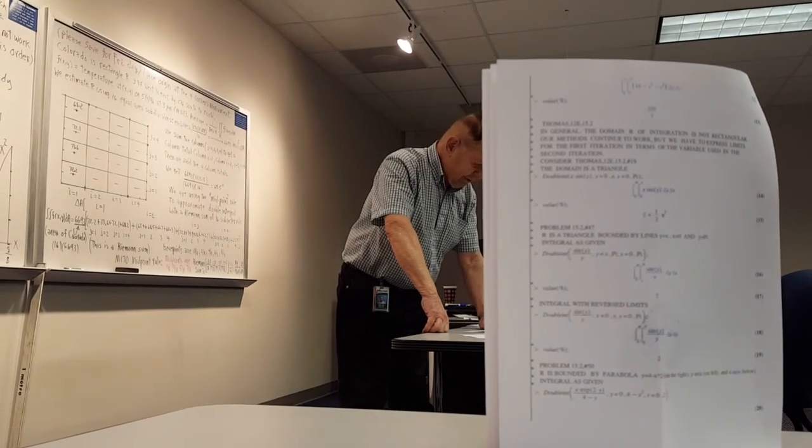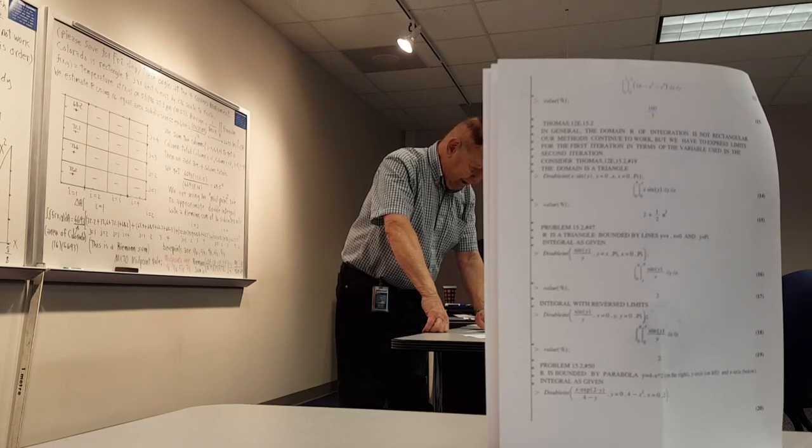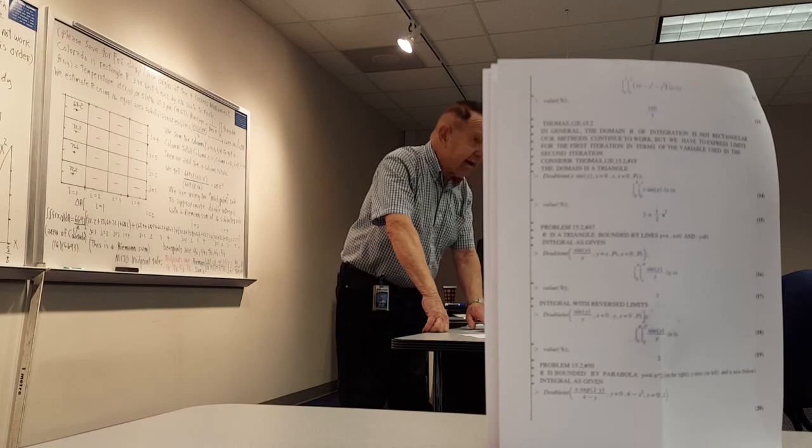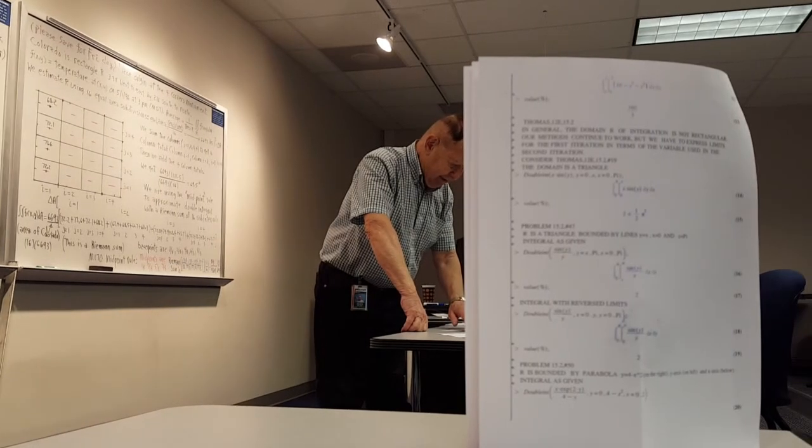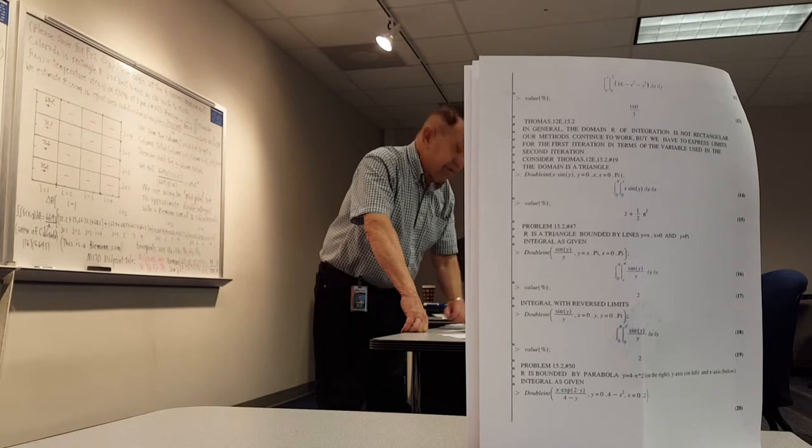If you reverse it, you see double int sine y, x equals 0 to y, and y equals 0 to pi. Line 18 is the problem with the reversed order, and you see the value is, line 19, still 2.